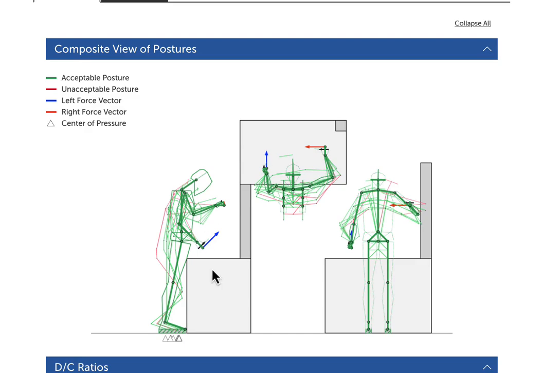We can see a map here showing the postures. We've selected postures in around the 25th percentile risk, and you can see that most of them are acceptable, those shown in green. The criterion percentile is shown with more of a full body and head, and then some stick figures are shown around it. Those that were acceptable are in green.